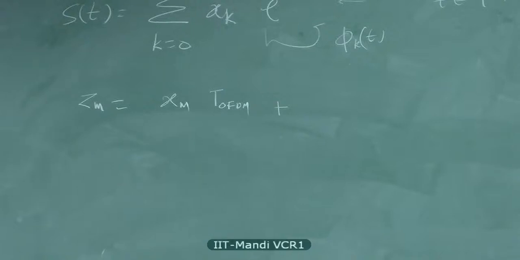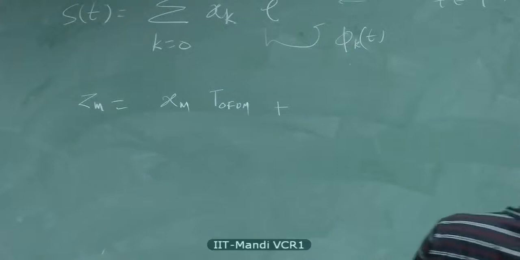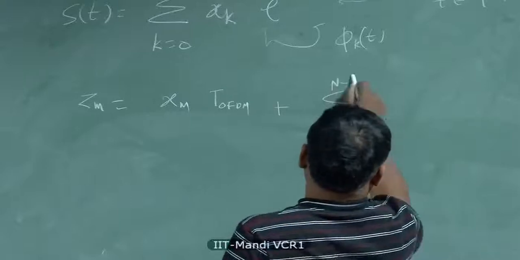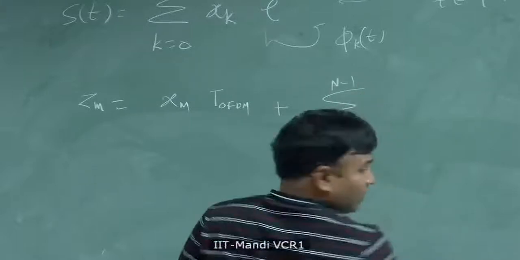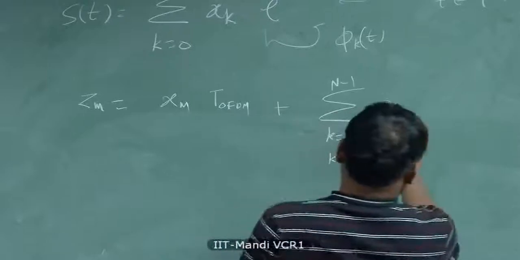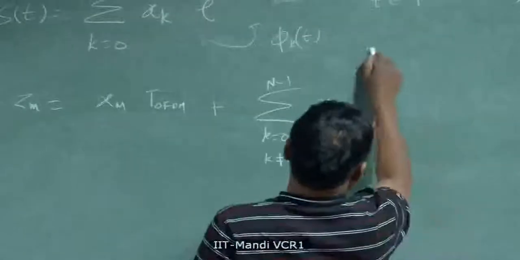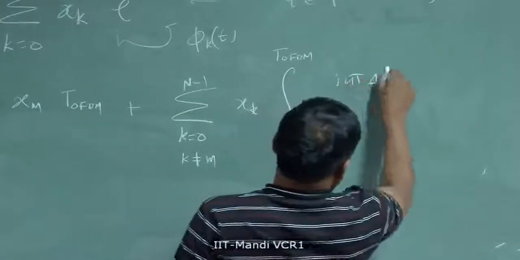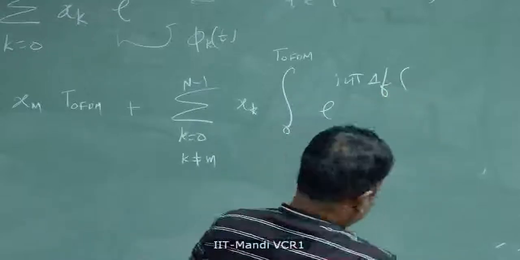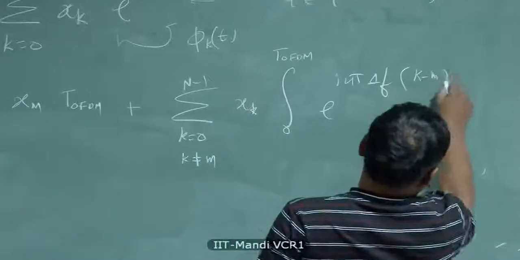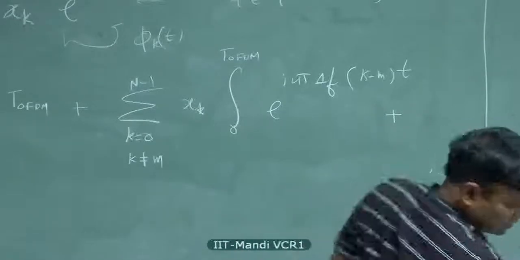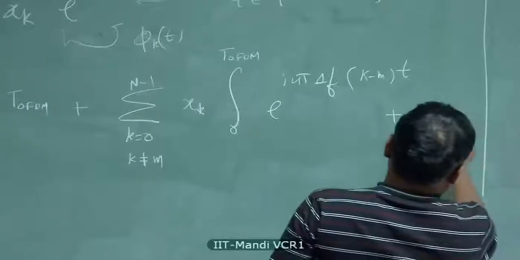when k not equal to m, we have to see what happens to the rest of the integrals. Summation k equal to 0 to n minus 1, k not equal to m, we have to impose that additional constraint. X of k integral 0 to T OFDM e to the power of j 2 pi delta f k minus m into t, plus we have some noise, we will call it W of m.